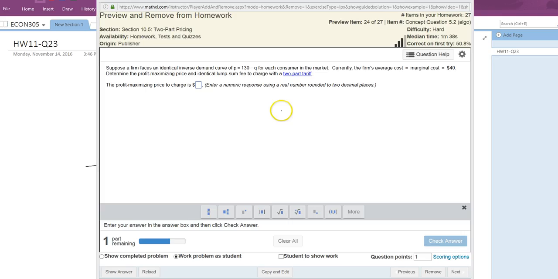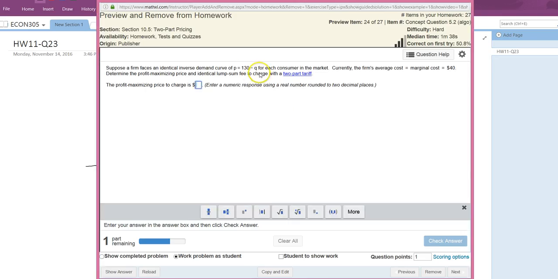And then the inverse demand curve looks like that: P equals 130 minus Q. It's a linear, downward sloping function, and the slope is 1.